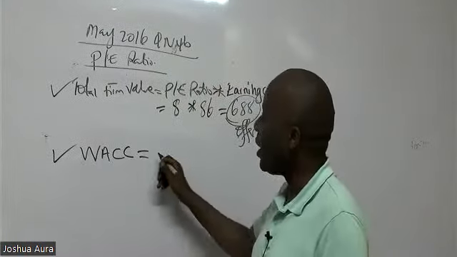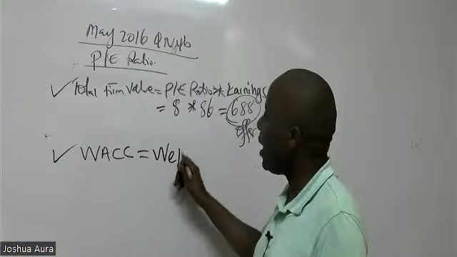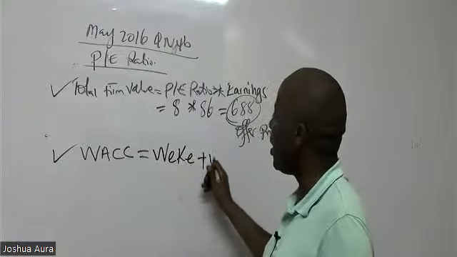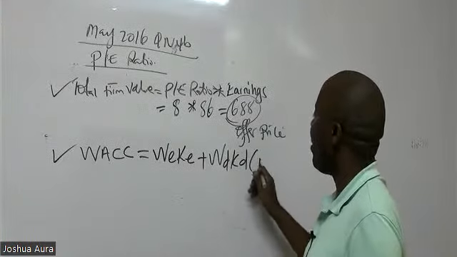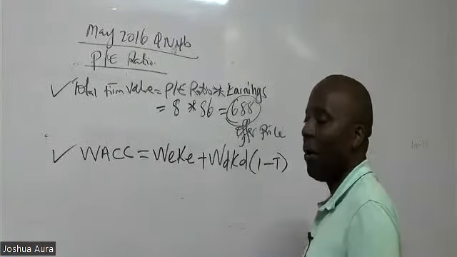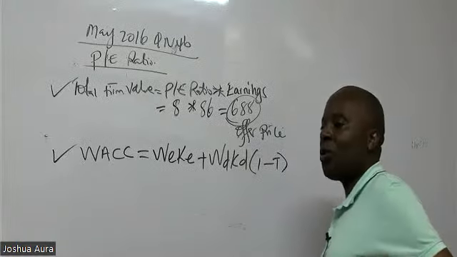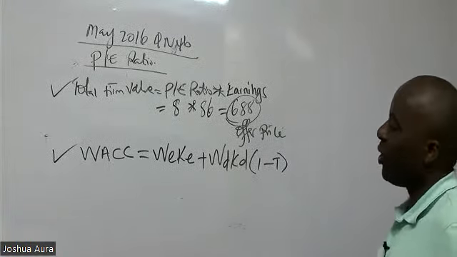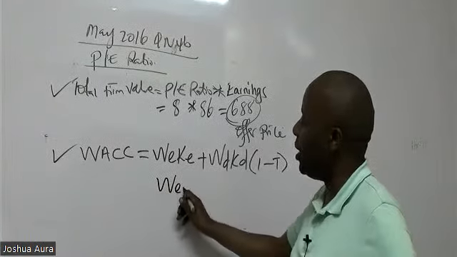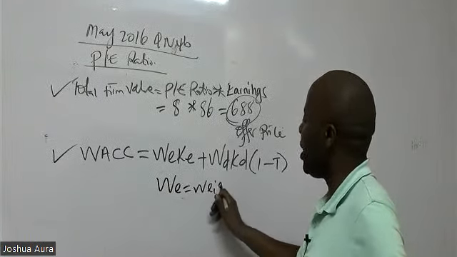So on this WACC, we normally take the weight of equity times the cost of equity, plus the weight of debt times the cost of debt. But remember that cost of debt is tax allowable, so you must always subtract tax. When we talk of WE, this is the weight of equity.